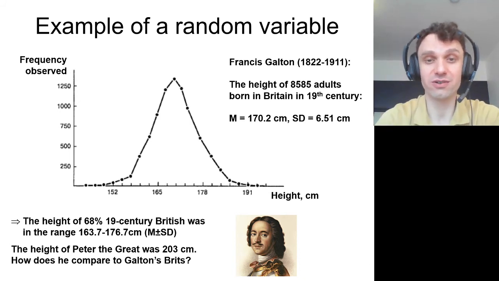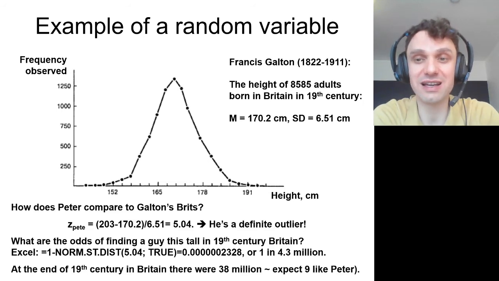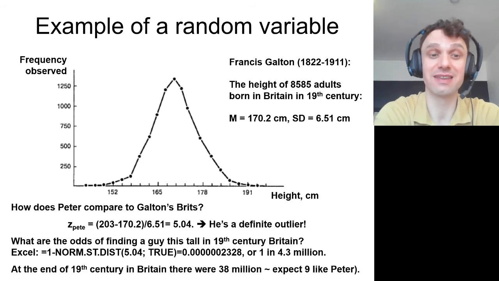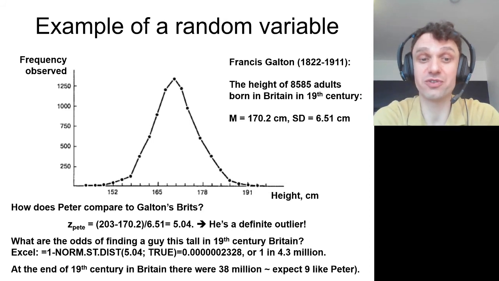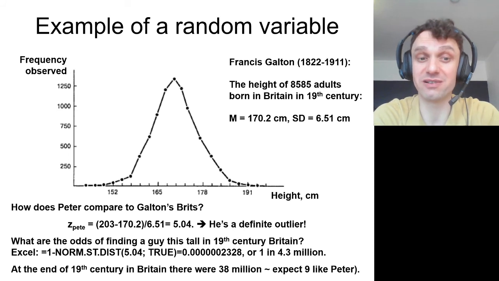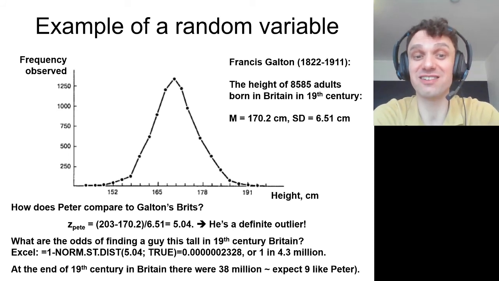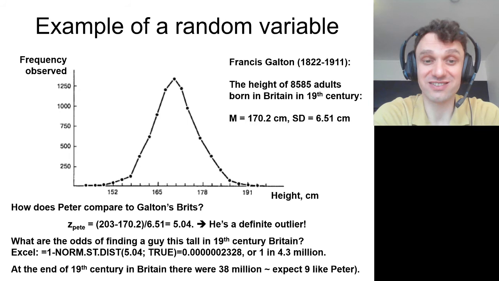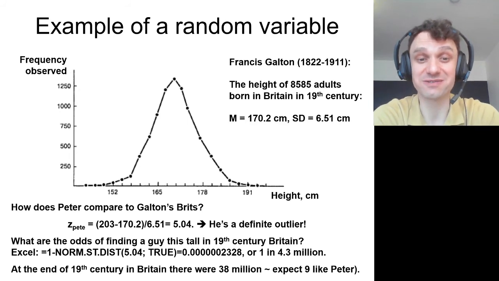And we know those two wonderful statistics, so we can apply this simple formula. We subtract 170, which is the mean for Galton's sample, from Peter's height, and we divide the result by the standard deviation. As a result, our z-score is 5.